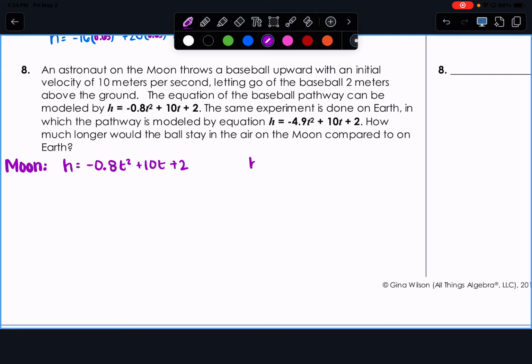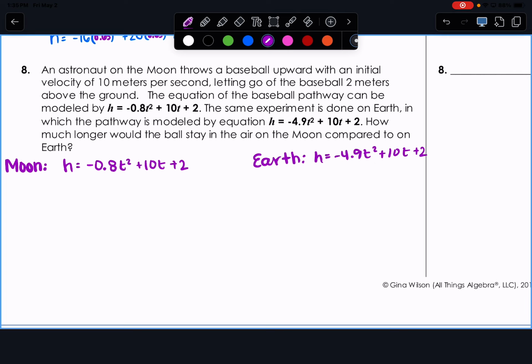For Earth, h equals negative 4.9, which is meters per second of gravity on the Earth, t squared plus 10t, initial velocity, plus 2 is the height.